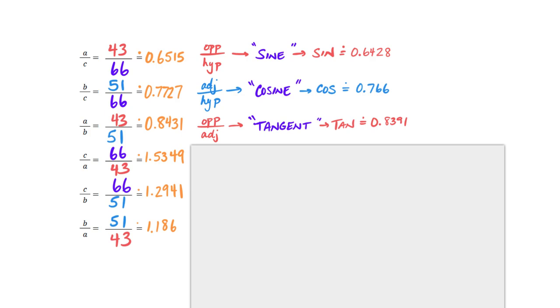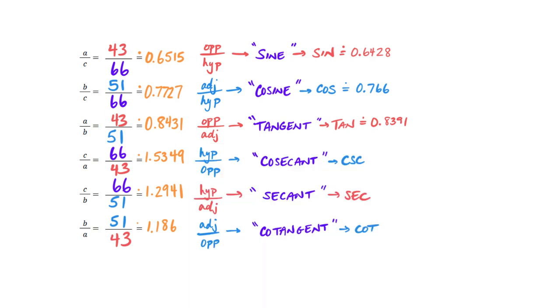Okay, we're going to make a note of that in a moment. All I want to do is get rid of that whole box. You can now see the other 3 ratios. I don't even really care about the mathematical value of them. We already figured that out when we dealt with the first 3. But I want to introduce you to the names of those last 3.